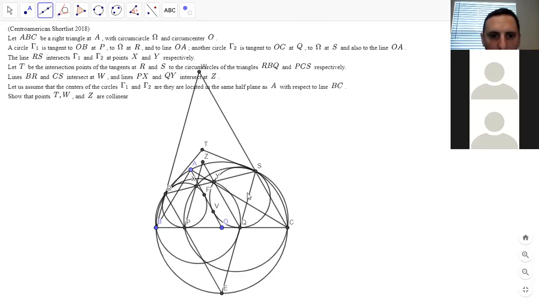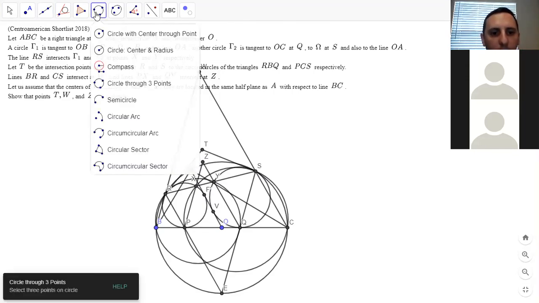That is because RIQB is cyclic, right? Or what's cyclic? We just need to prove it. XYPQ is cyclic. Okay. Yeah, once we prove XYPQ is cyclic, Z lies on the radical axis.